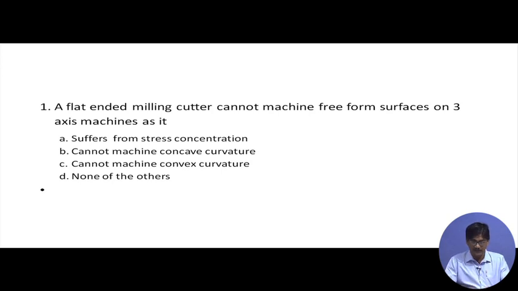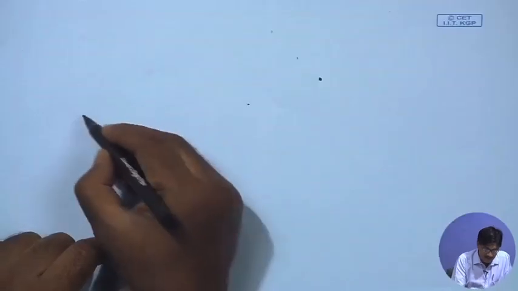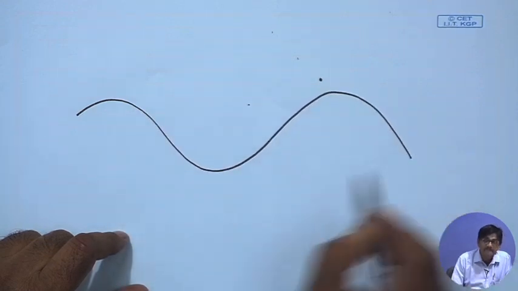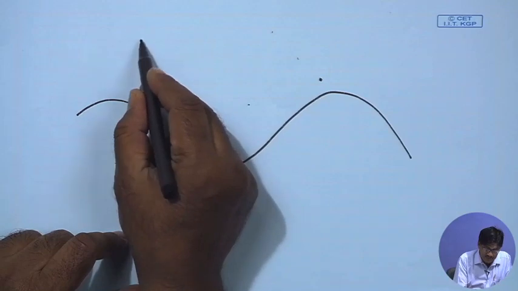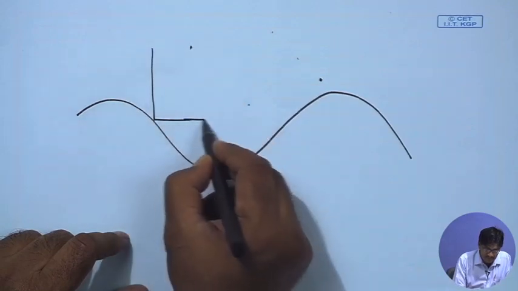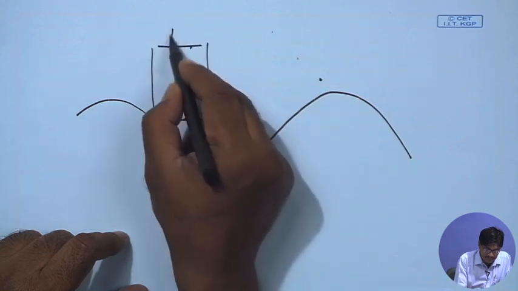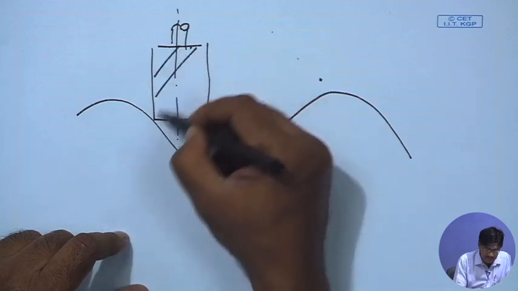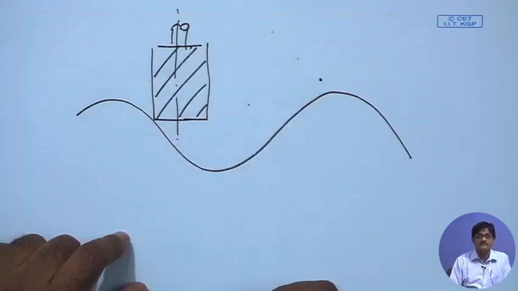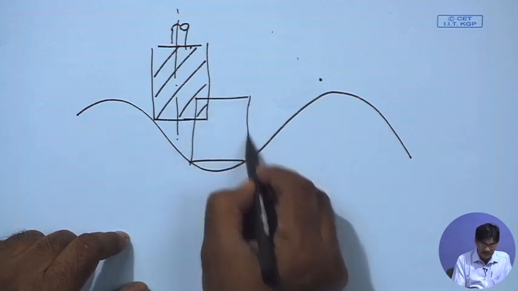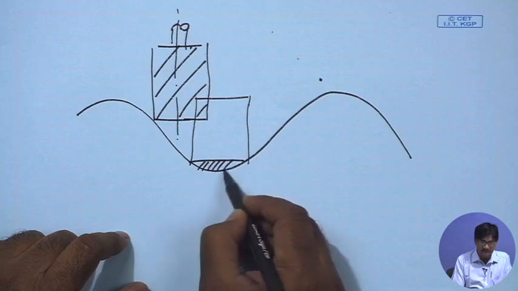Let me draw a quick figure, so that I can share the idea with you. If you have a surface with a concave curvature, and if you have this particular end milling cutter with teeth like this, it cannot go beyond this particular position, and it leaves behind this material uncut.